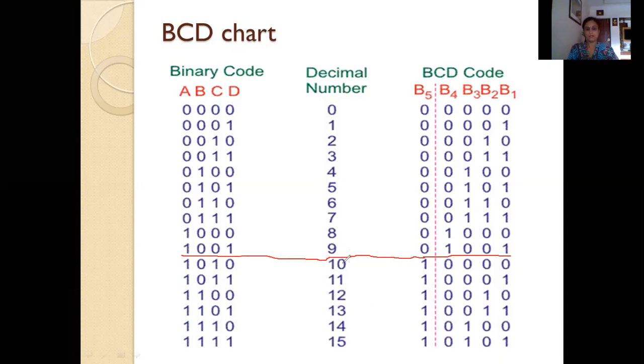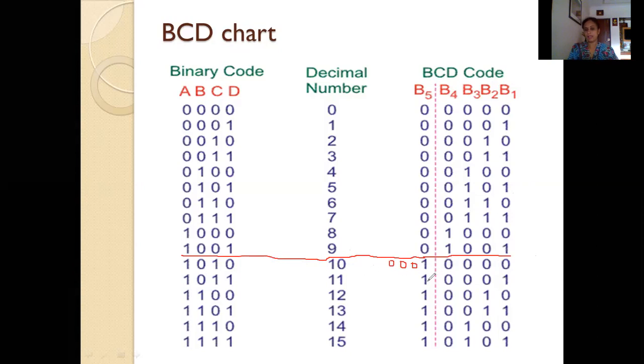After 9, when you see 10, it is represented as 1010 in binary, while it is represented as 1 and then 0000 in BCD. That means it is 0001 and then 0000, which stands for 10.